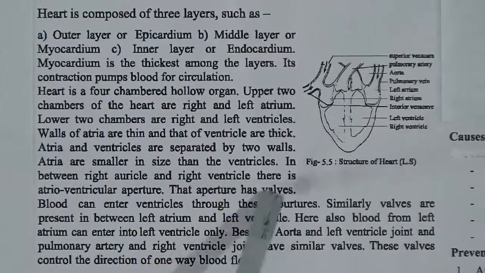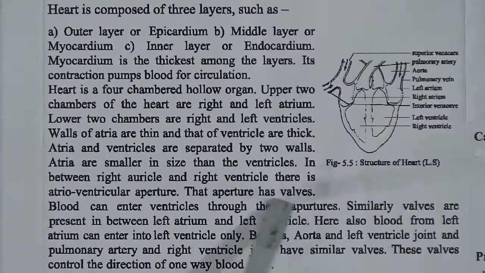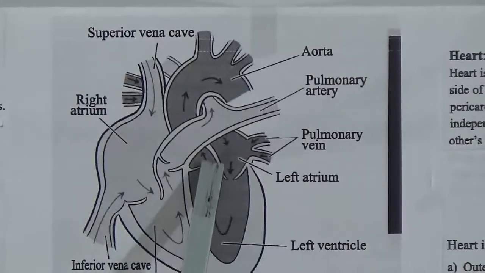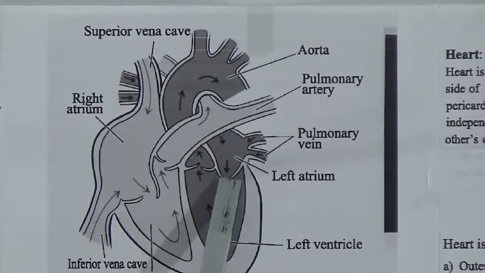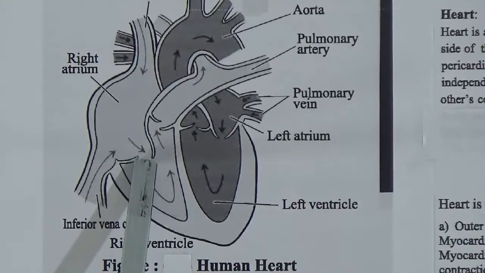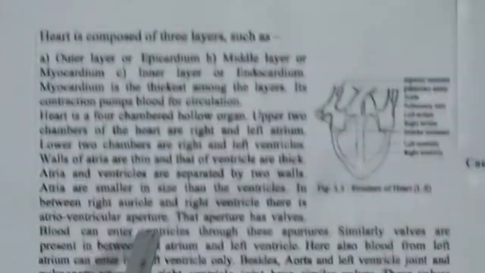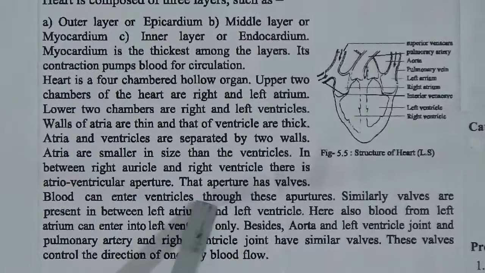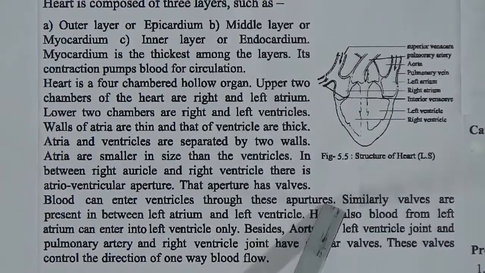The aperture has valves. If you can see this picture again, here are the valves, here are the valves on the left side, here are other valves. Blood can enter the ventricles through these apertures.